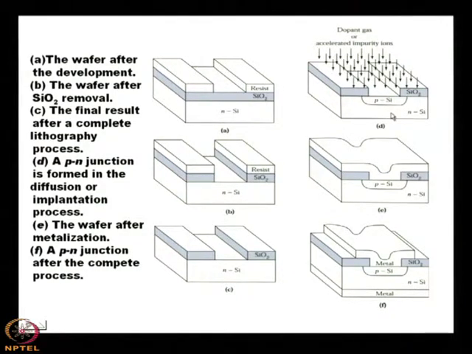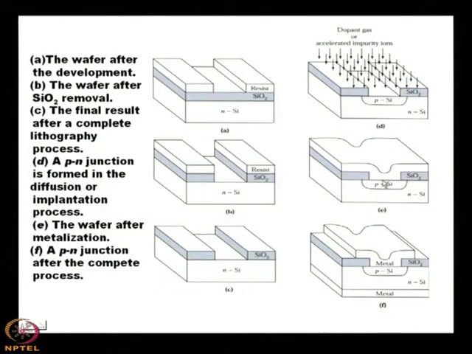So, this is the formation of the PN junction, and on the rest of the figures basically there is metallization, because without metal contact the current will not be able to pass through the junction.